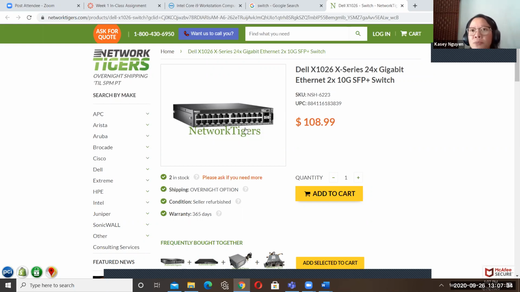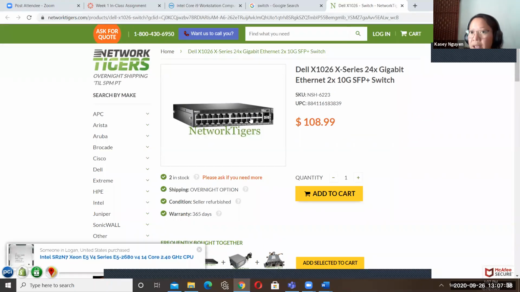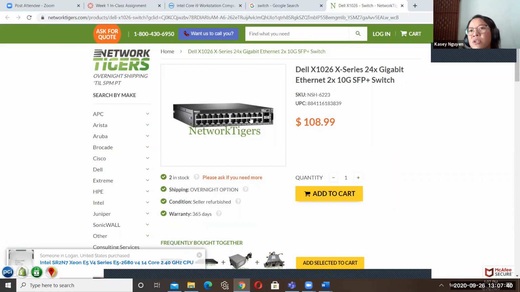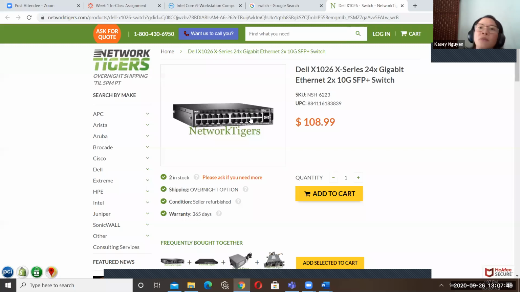I would get a switch with at least about 24 ports, because usually they only make even numbers of ports. So 24 ports, okay? Why do I get 24 ports? Well, what if I hire more employees, right? I need to plug in more computers or workstations, okay?